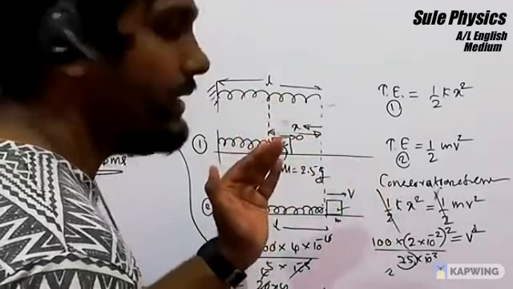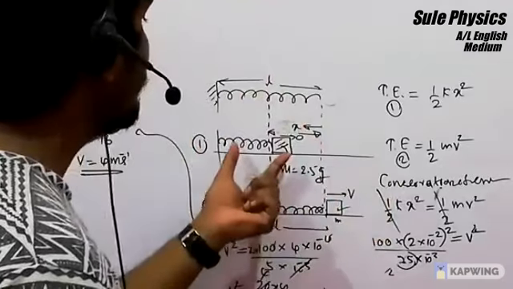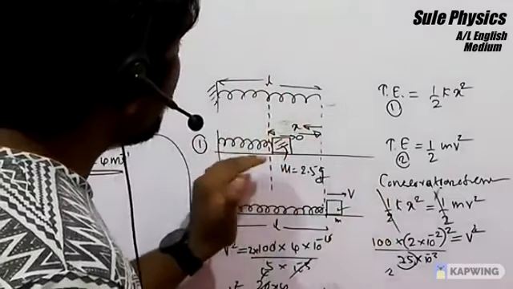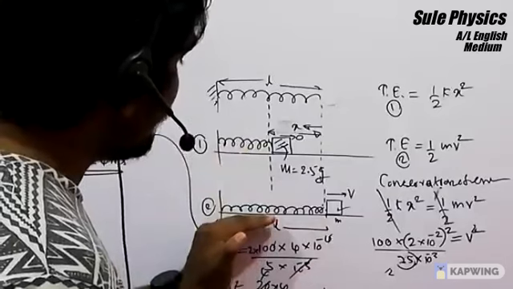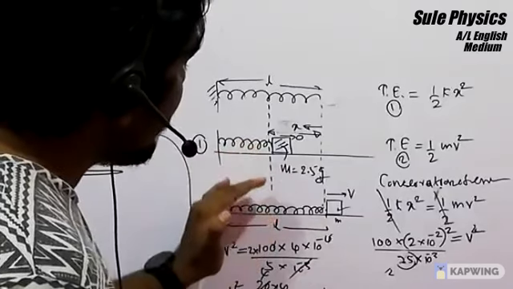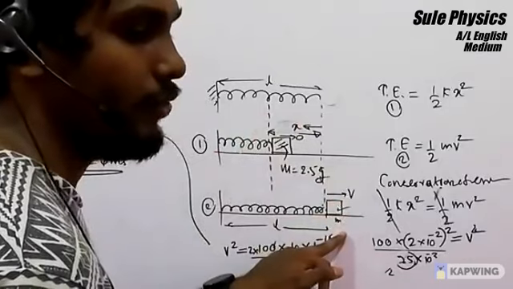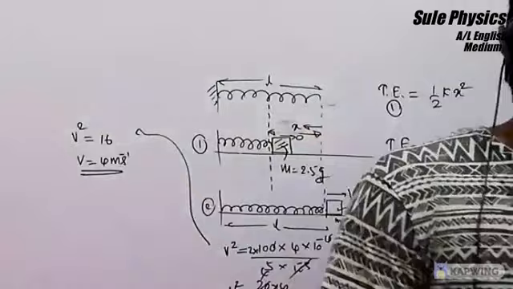It can only be transformed from one form to another. See here, when you consider system 1, this system only has elastic potential energy. But when it comes to system 2, the complete elastic energy is converted to kinetic energy. Hope you understood. Understood? Okay.